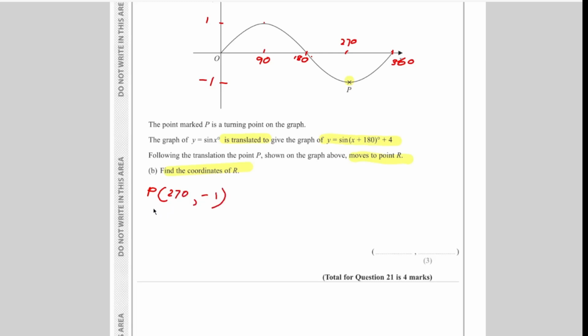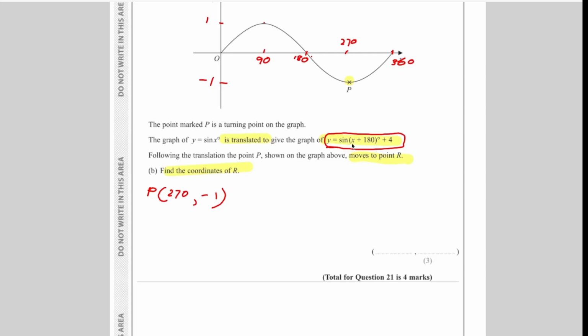Right, now let's see when this translation is applied for this curve, what will happen to this coordinate. So this one says sine of x plus 180. When something applies inside brackets, can you see this is inside brackets? Always the x coordinate gets changed. So this is inside bracket, therefore x coordinate gets changed, right? When x coordinate gets changed, always the opposite thing is applied.